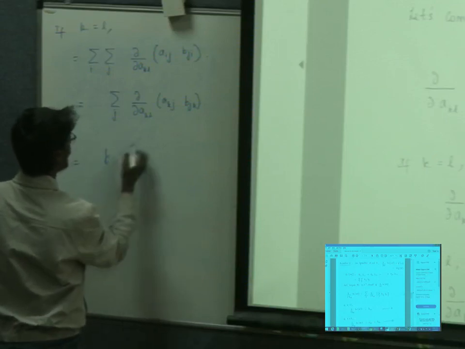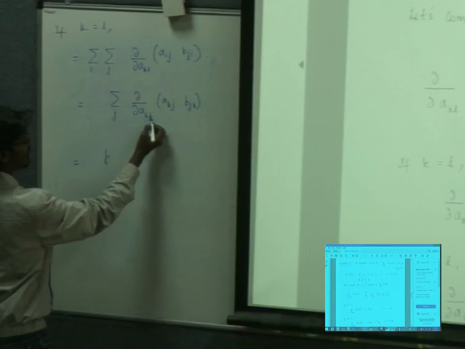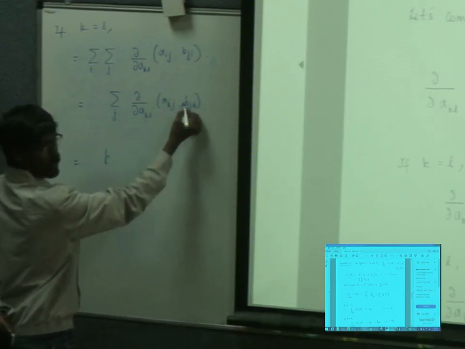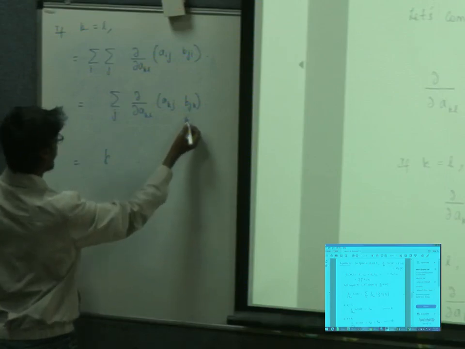So we'll have, and we are taking the partial derivative with respect to dou KL. So this is nothing but the variable, and whatever constant we are getting, we are multiplying.